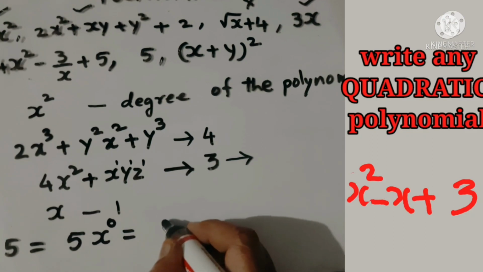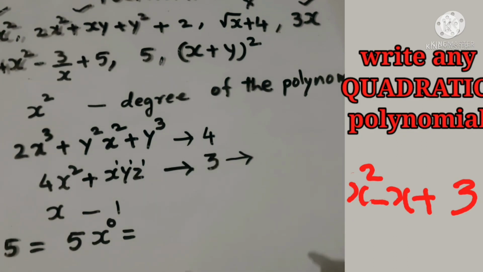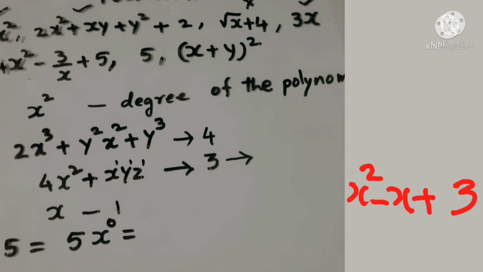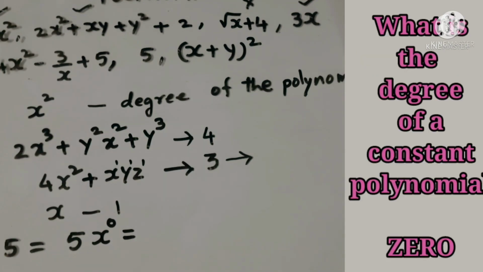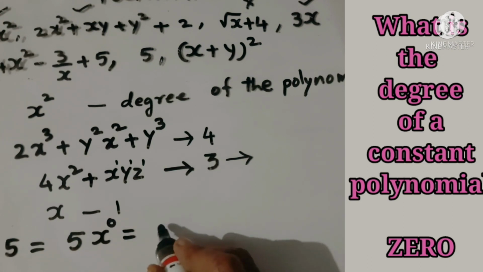This is called a zero degree polynomial, so a constant polynomial has degree 0.